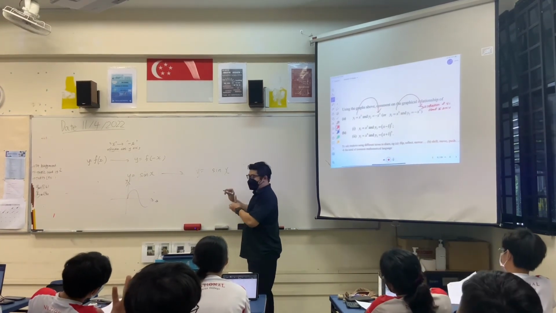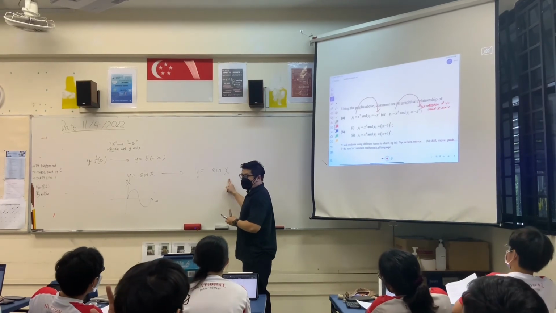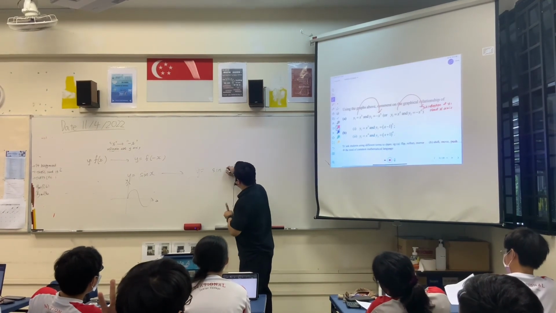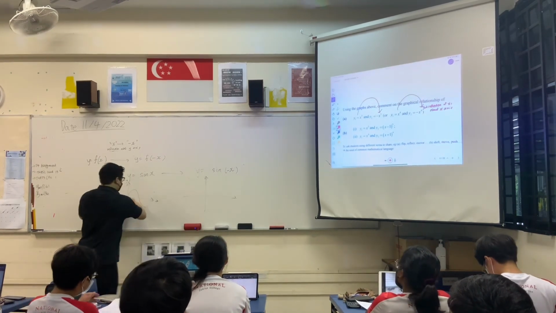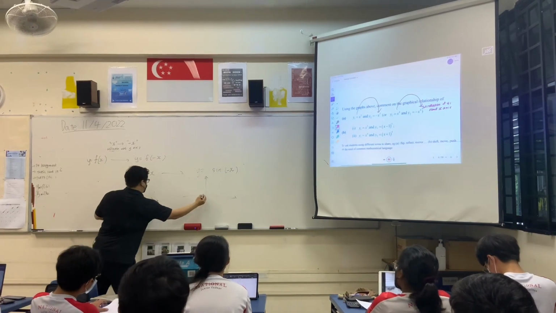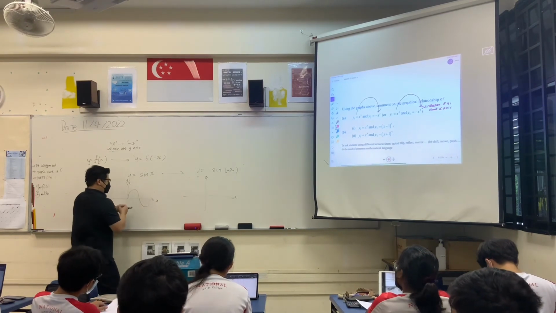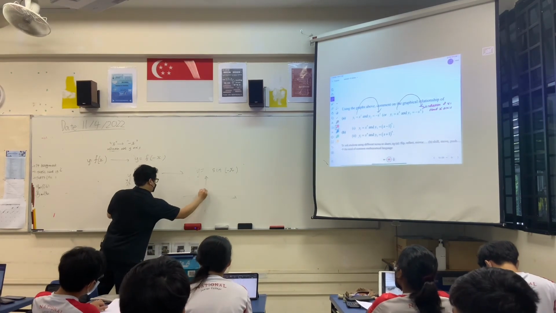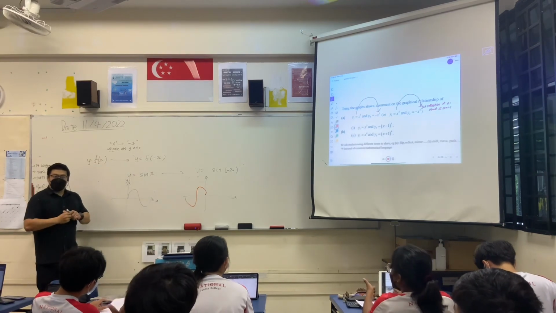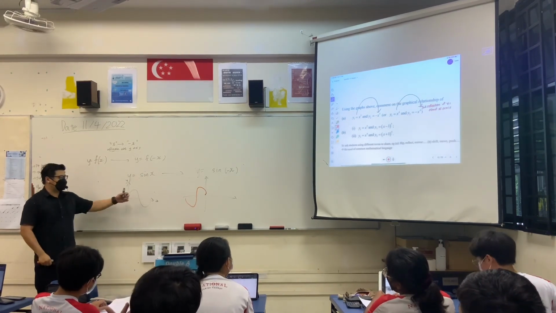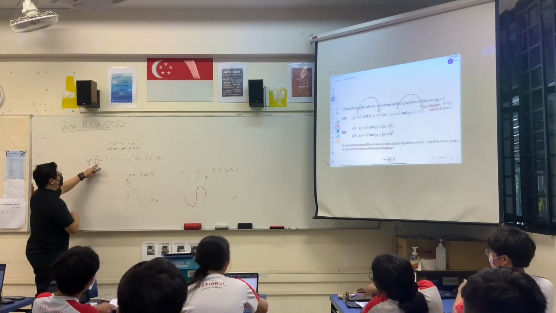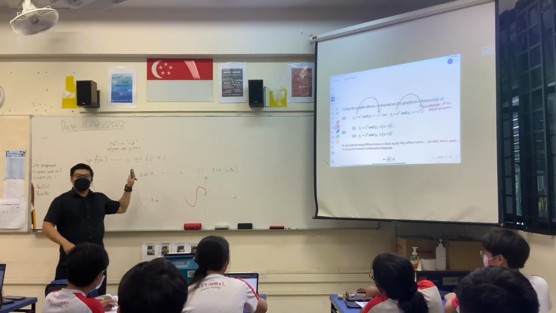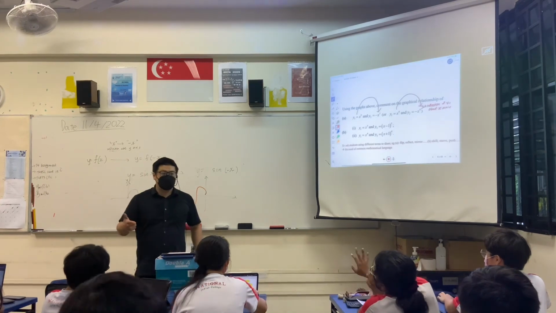This will become negative x, so the graph will reflect this way. When x is replaced with negative x, this will reflect this way. So it's legit. You will learn it soon, probably next week.